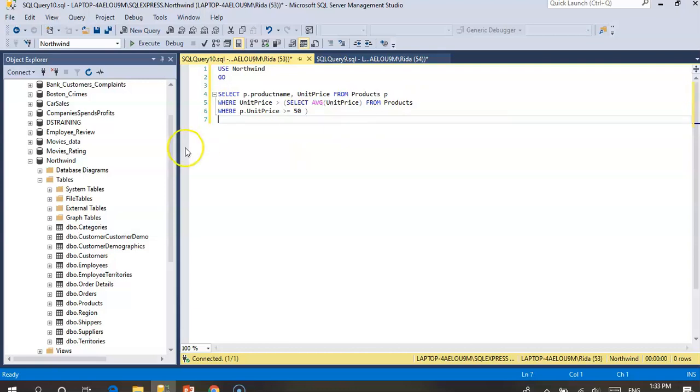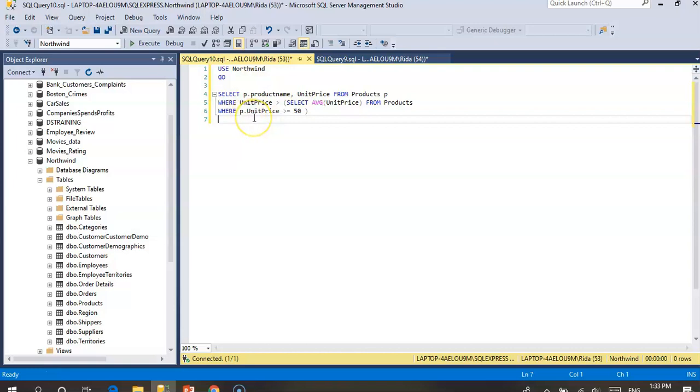But because we added this condition here where p.unit price is greater than or equal to 50, now these two queries are correlated because we used in the inner query a column that belongs to the main query, which is p.unit price.